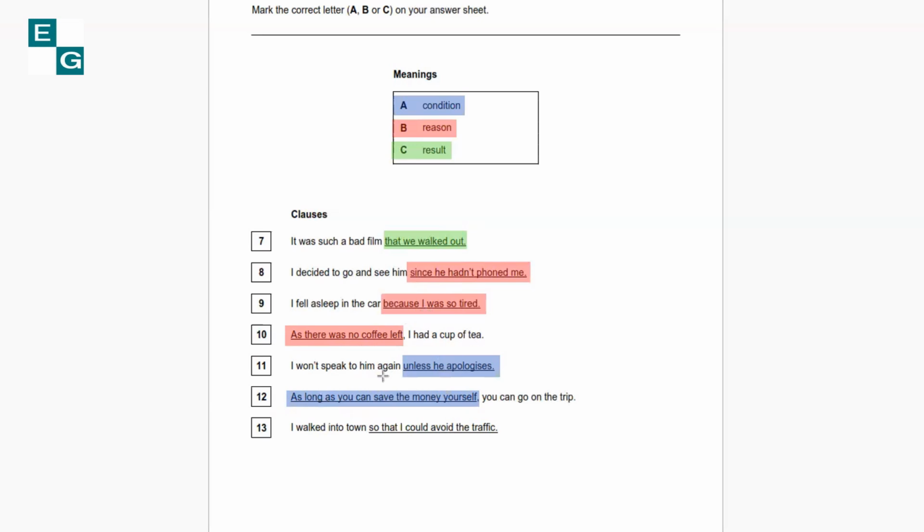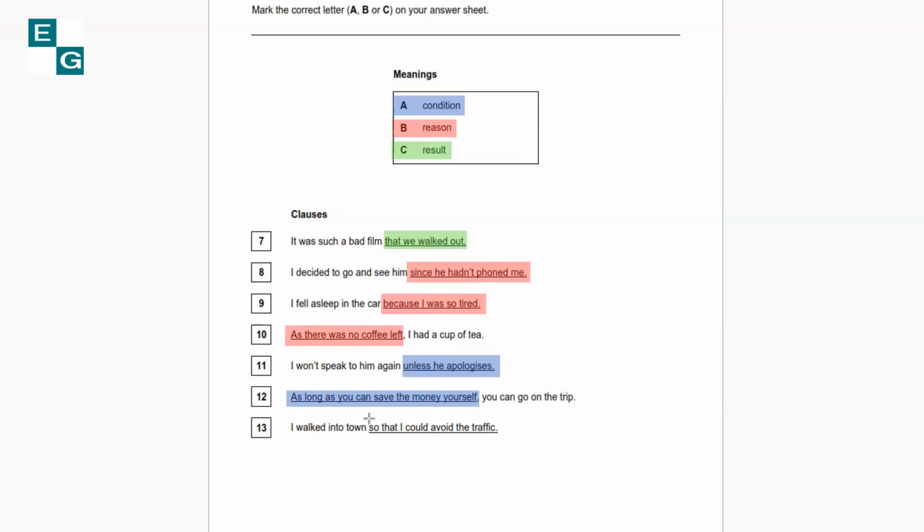And then for number 13, we have, I walked into town so that I could avoid the traffic. We can think about the expression by understanding that the reason I walked into town was to avoid the traffic.